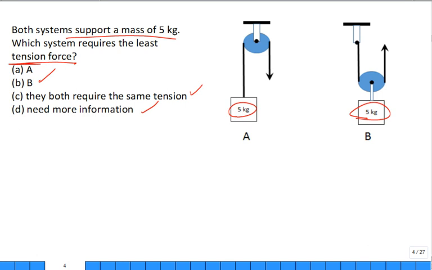Can you develop a free body diagram of this system A right here? What would be the focus of the study? If you try a free body diagram of this pulley, what did you have to cut through? The support. All right.